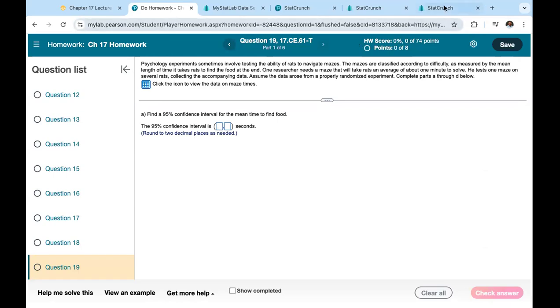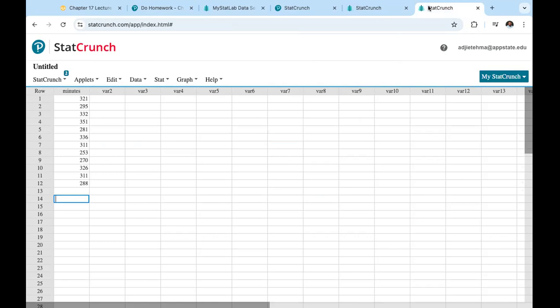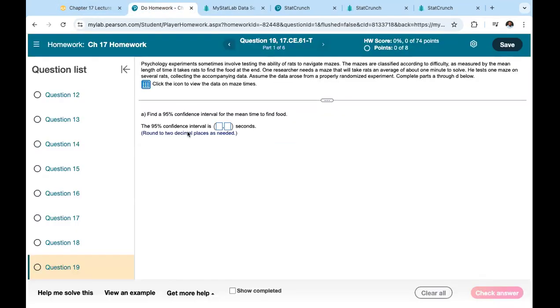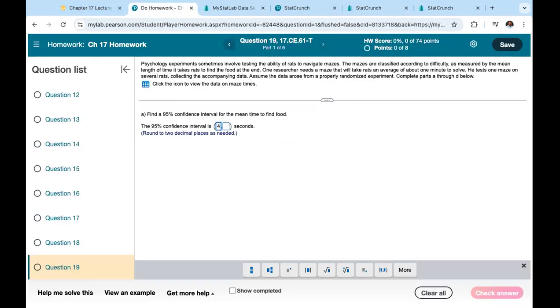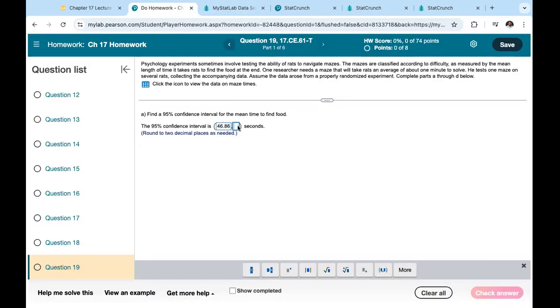So you're asked to round to 2 decimal places. So 46.86. And then 59.30.